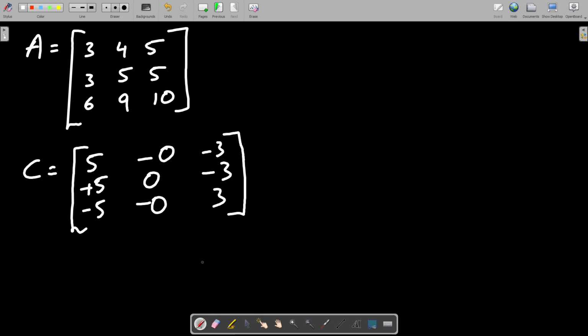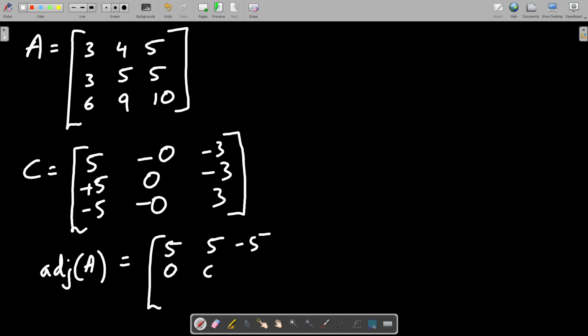Okay. So next, that thing can be easily found, adjoint can be found. 5, 5, minus 5, 0, 0, 0, minus 3, plus 3. Okay. What is going to be determinant of A now?